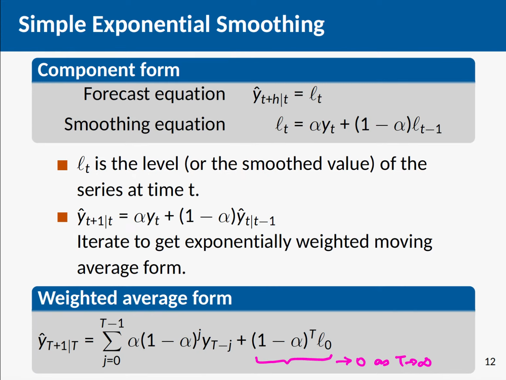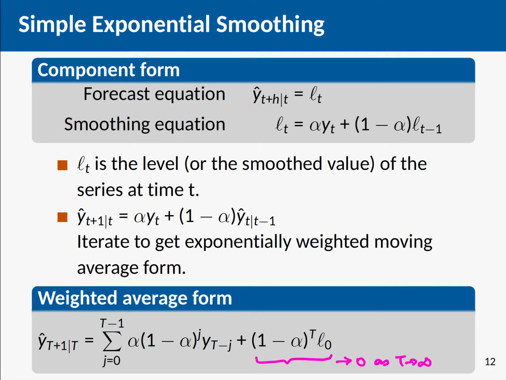Now, there are different ways in which you can express exponential models. One way is to look at a component form. This is a different representation for exponential models. There are different ones, but this is one of the ways in which exponential models are expressed.